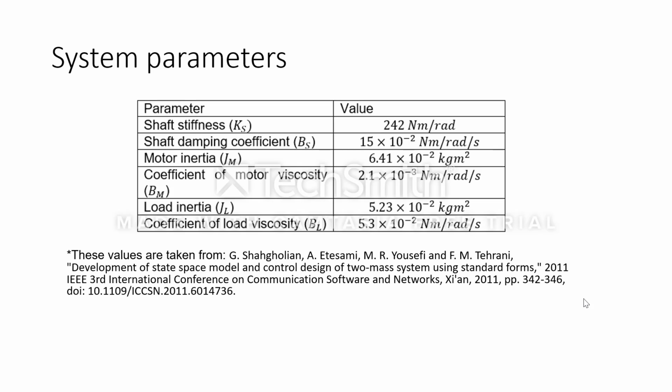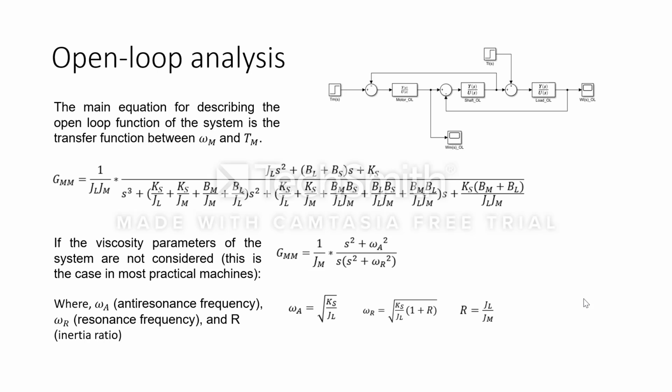Okay, the system parameters are presented in here, and these parameters are going to be of very importance later on, as we will need the motor inertia and the load inertia as one of our parameters for selecting the poles.